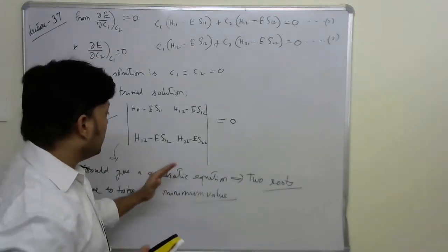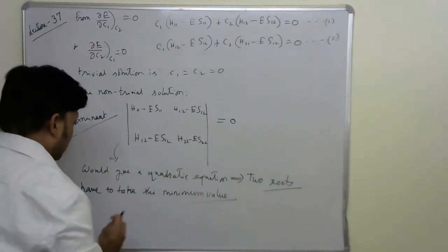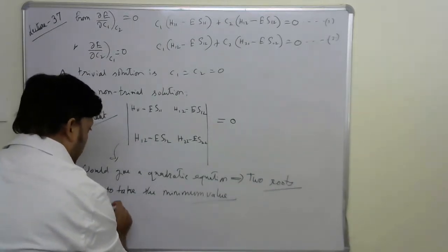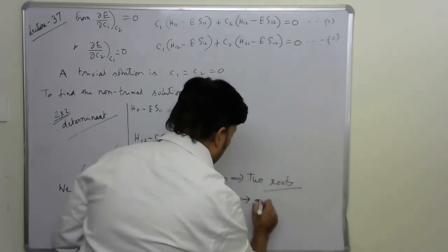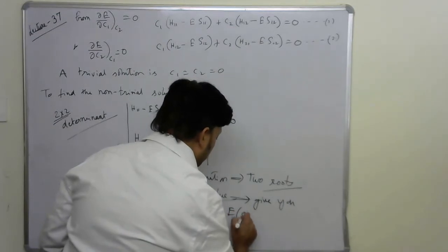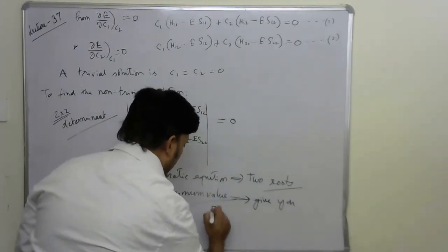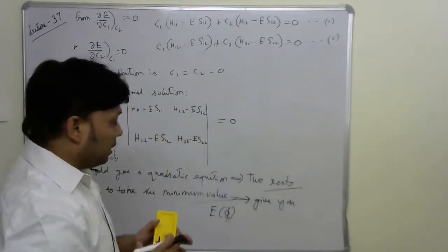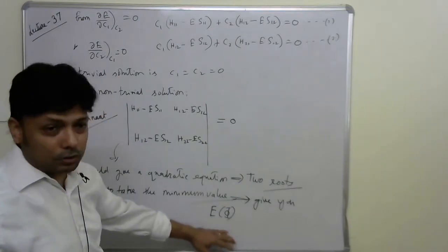So the smallest energy value would give nothing but E5. Once again, the smallest value would give you our desired energy E5, which means the minimum energy, which is the upper bound of the ground state energy.